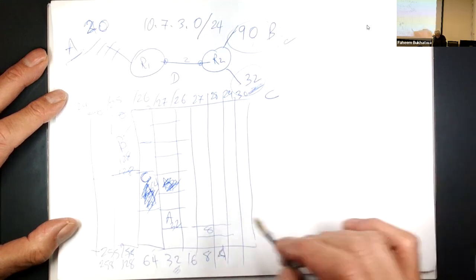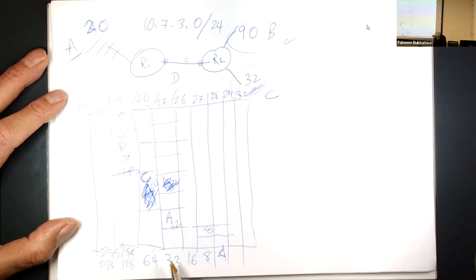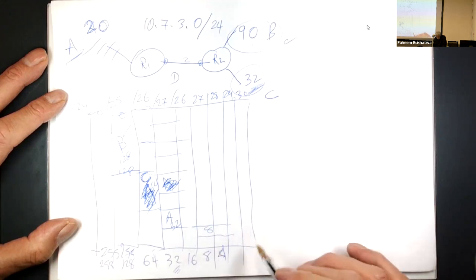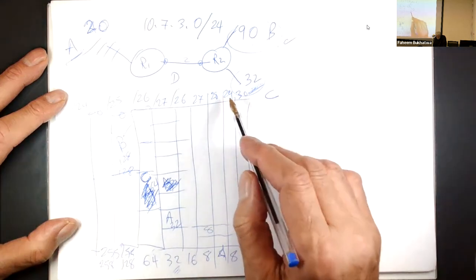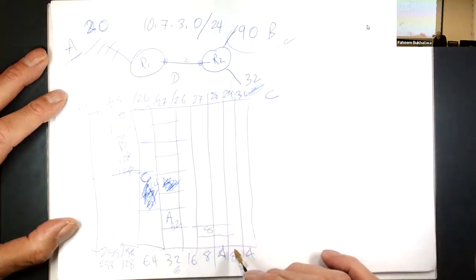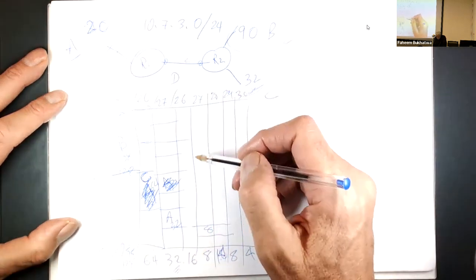No, hold on, there's something wrong. 36, 16. There we go. 30 is 4, right? Yeah. Then 29 should be 8. Then 28 should be 16. No problem, I'm skipping way too much. To 26.